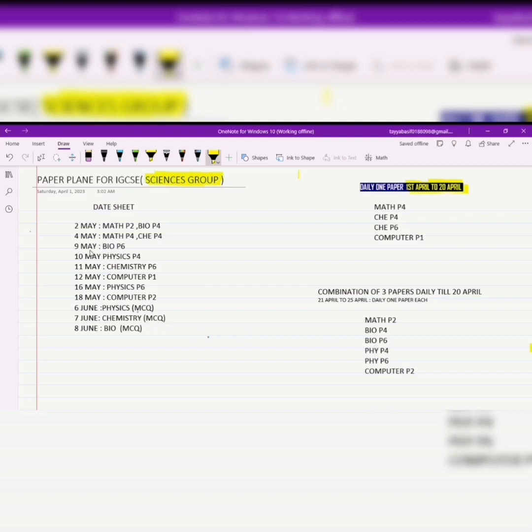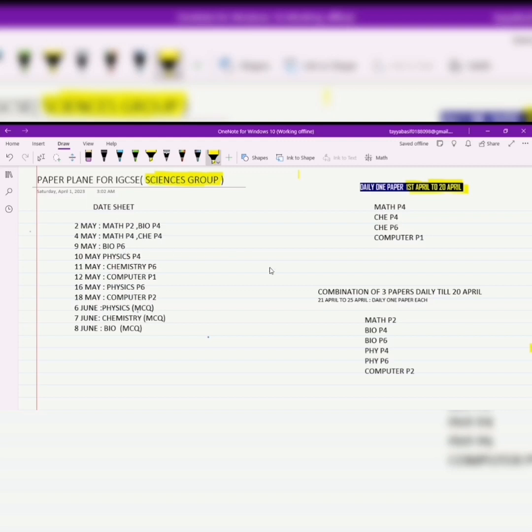Biology P6 and physics P4, you have to do these two papers on a regular basis from 4th May to 9th May. But the good thing is that you don't have to solve 20 papers of these two subjects in these 5 days, because you will be able to solve 15 papers of each according to my plan.